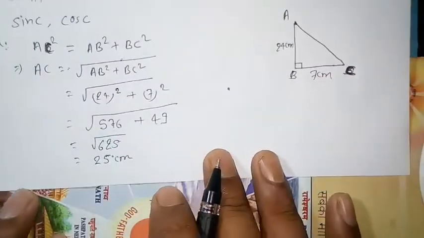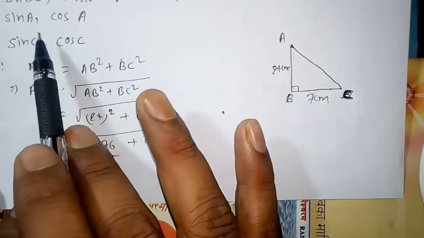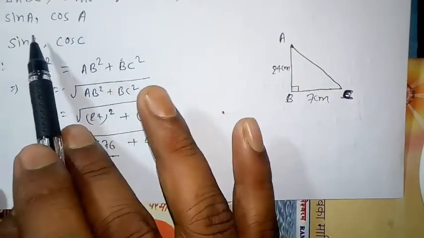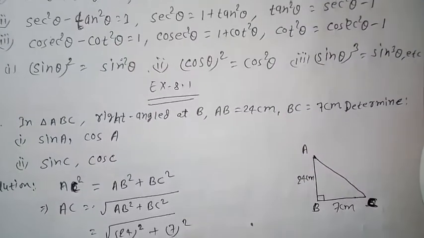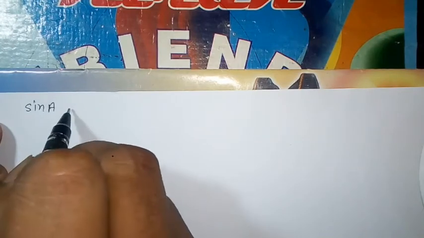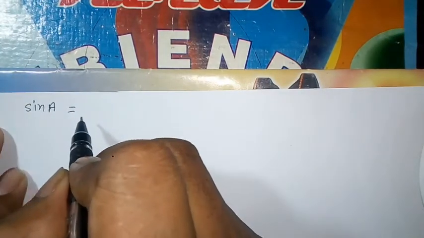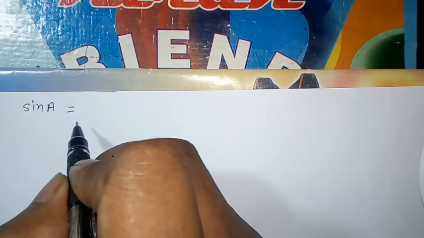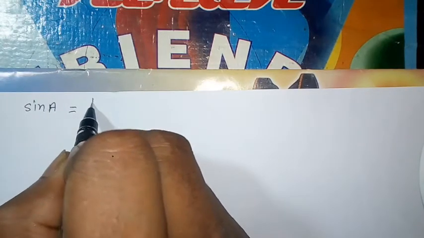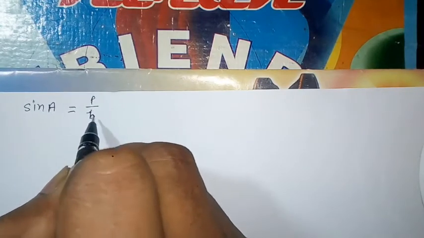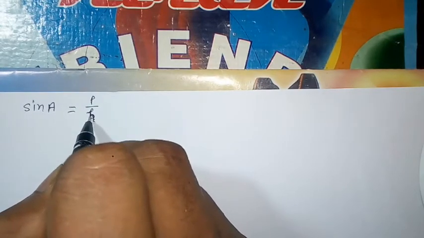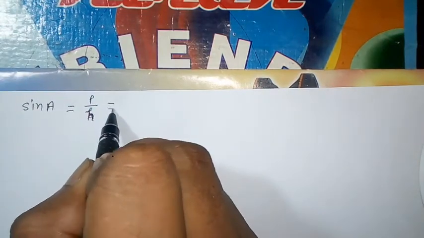Now question 1, sin A. First we find sin A and then cos A. Okay. Sin A is equal to, we know that according to formula, sin theta is equal to perpendicular by hypotenuse.